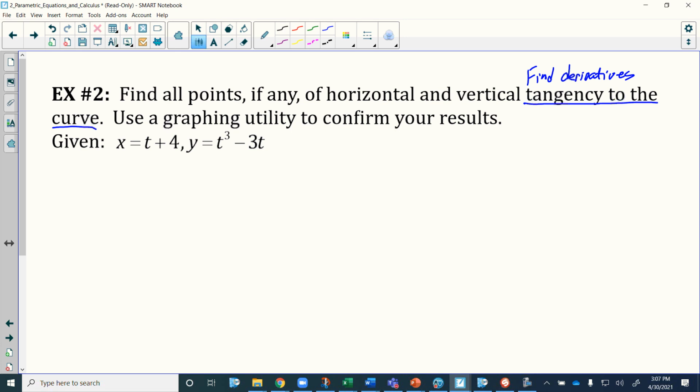So they're giving us a parametric function, the two equations, one in terms of x, one in terms of y. So we're going to find the two derivatives. So we'll say dy/dt in this case.